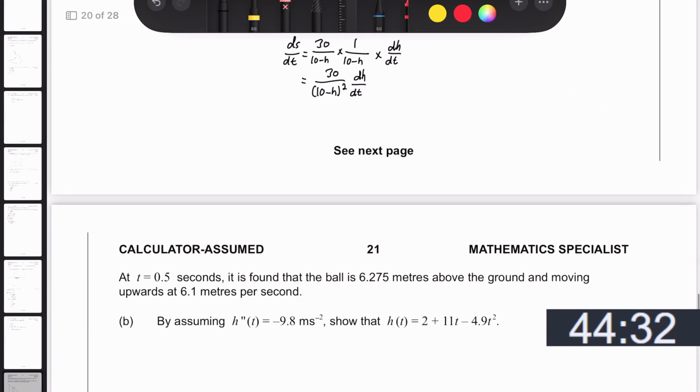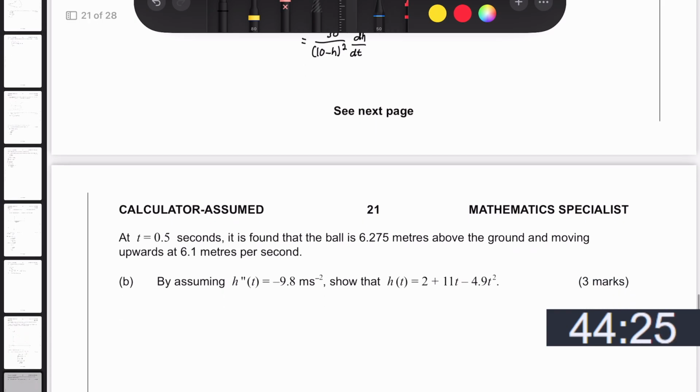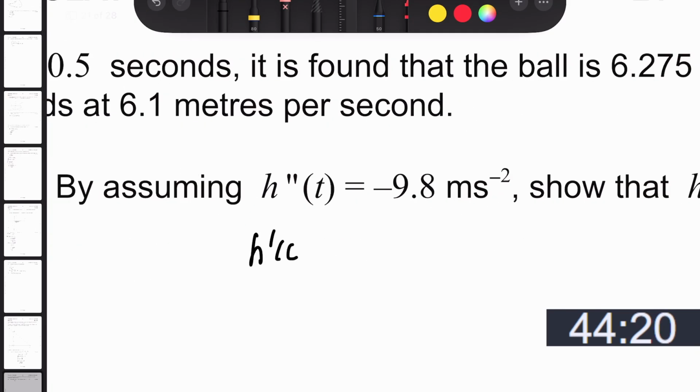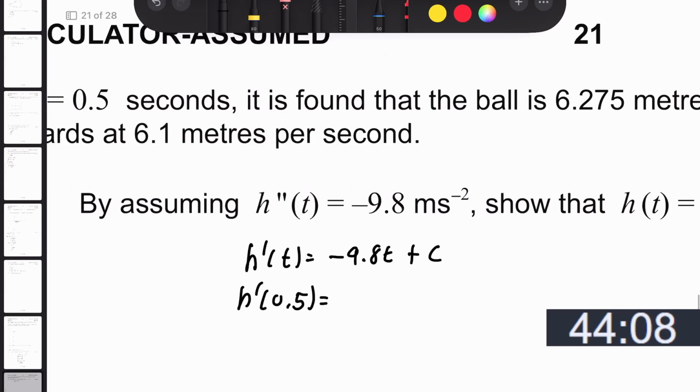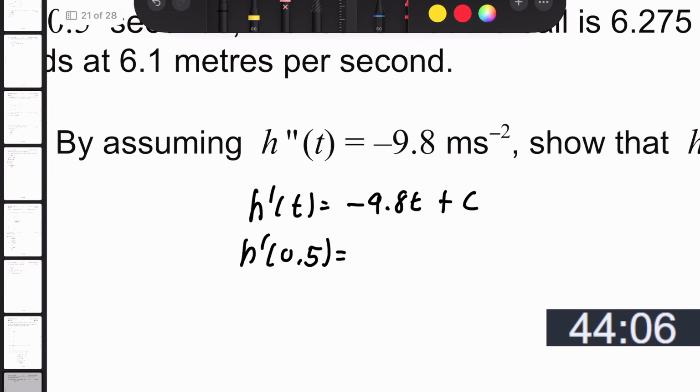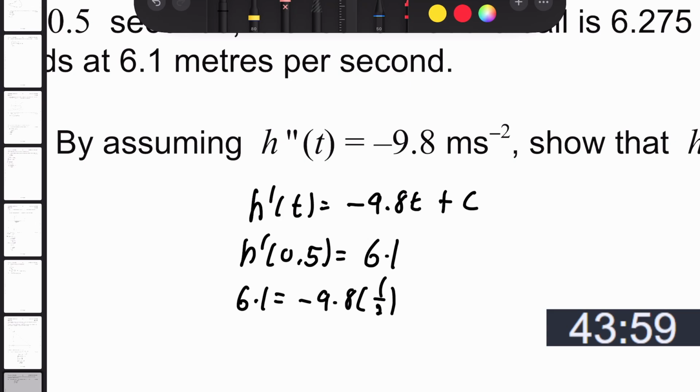Okay. At t equals 0.5 seconds, it is found the ball is 6.275 meters high and moving upwards at 6.1. So the h of t. Okay, so h dash of t is going to be negative 9.8t plus c. h dash of 0.5 is going to be equal to, upwards is at 6.1. So then 6.1 is equal to negative 9.8 times half plus c.